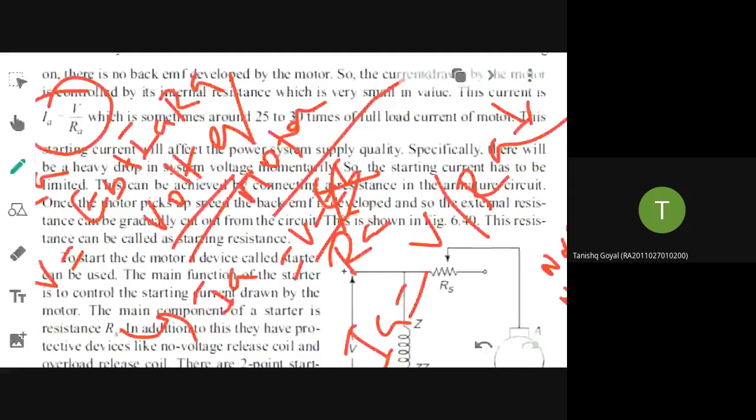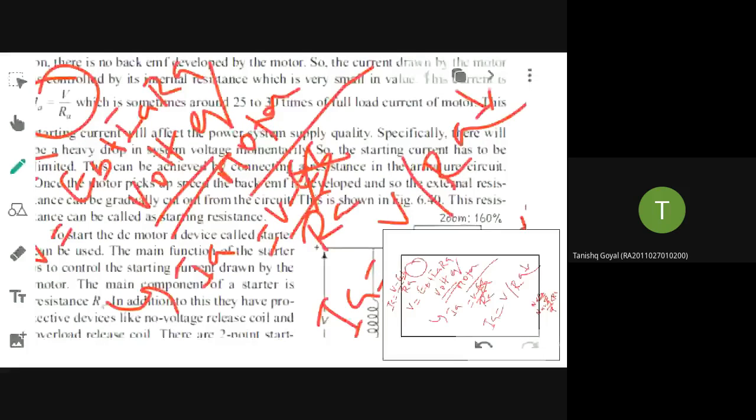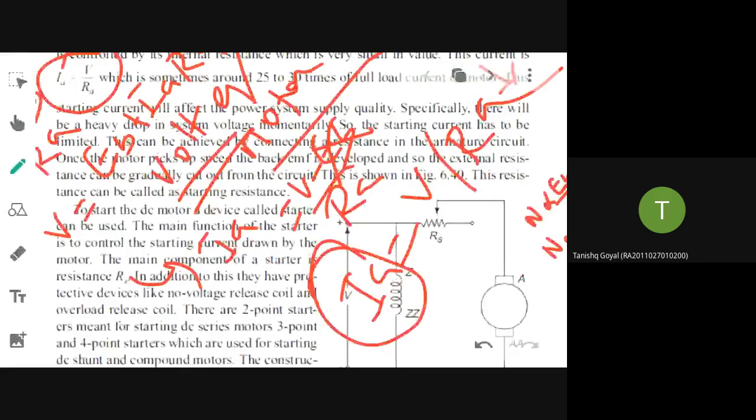So what will happen to the current? IA is the armature current, RA is the armature resistance. If you have a very small value of armature resistance, what will happen to the armature current?